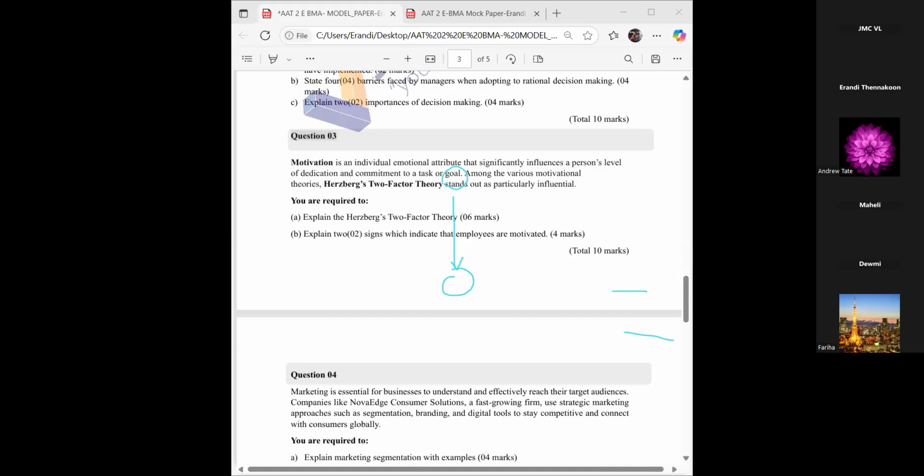I'm getting challenging work that I love to do, so that's a motivational factor for me. Career advancement, a sense of achievement, recognition. They are giving high recognition for my performances and achievements, so it will create employee satisfaction. So these are the things that you should include in your answer, right?